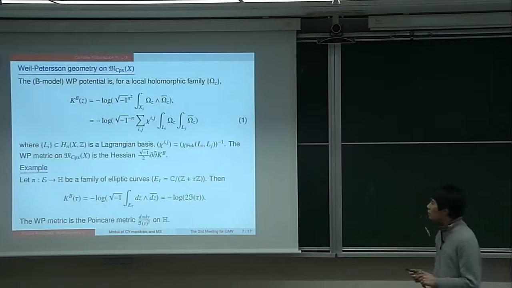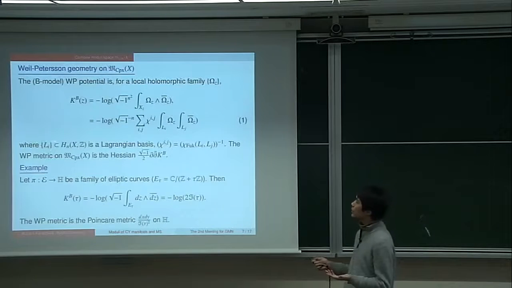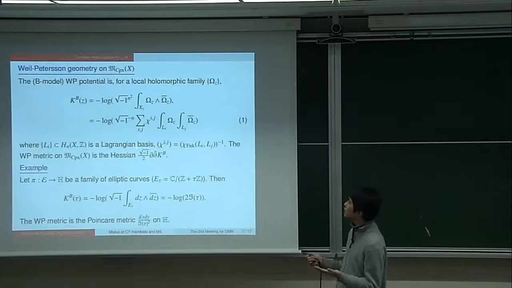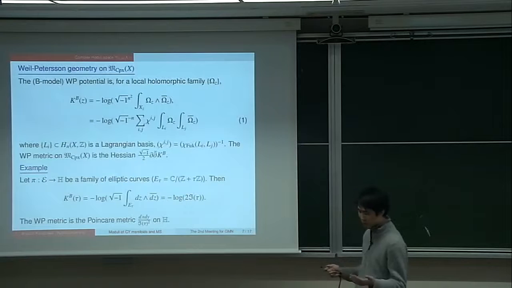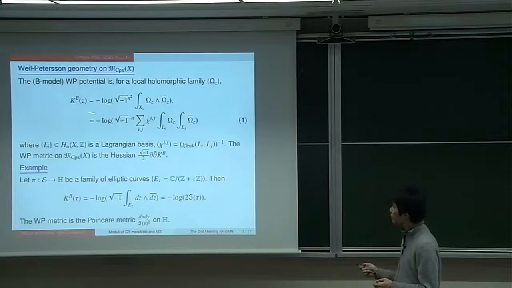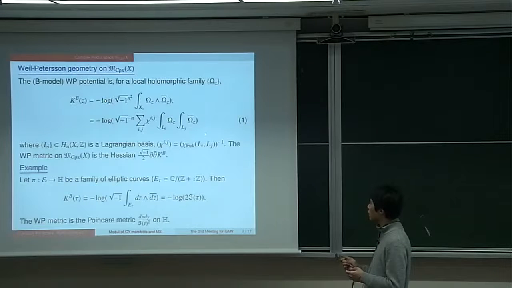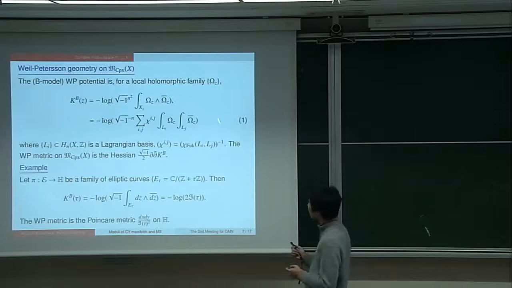Okay, so it's not guaranteed that you can always take a Lagrangian representative of a basis here, but in a good situation, you can rewrite the potential as follows. And I'm going to use this as a guiding principle later, so I label this by 1.